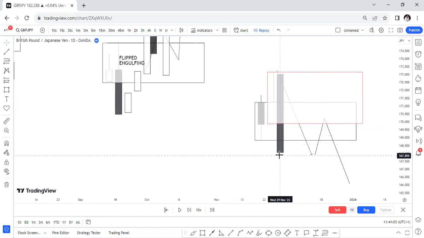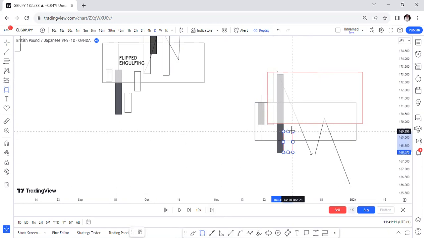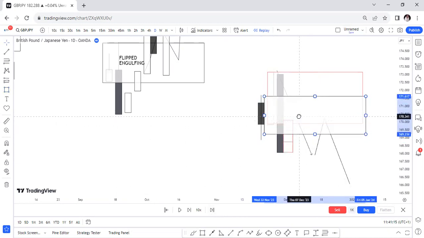So when price comes in, this one has failed, price will tap into this new zone.